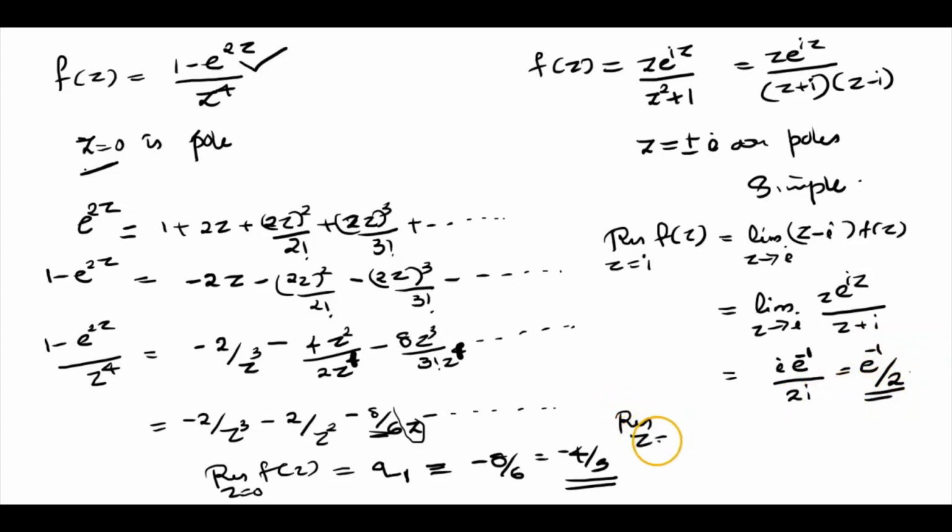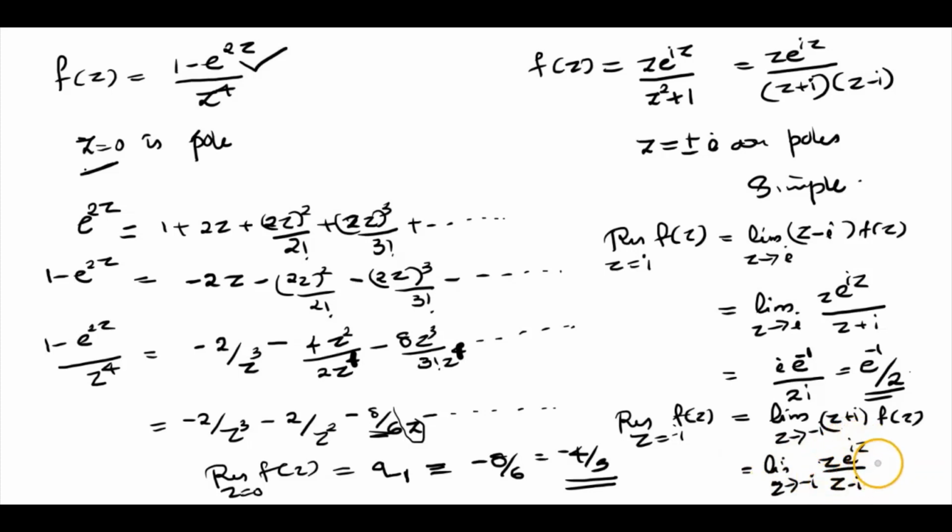Now the residue at z = -i of f(z) is the limit as z tends to -i of (z + i) into f(z). And (z + i) into f(z) is e^{iz} divided by (z - i).